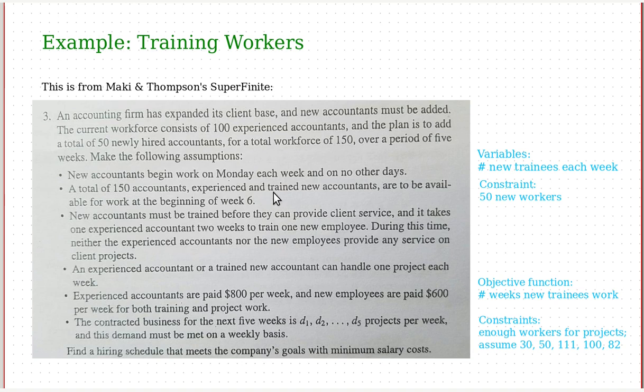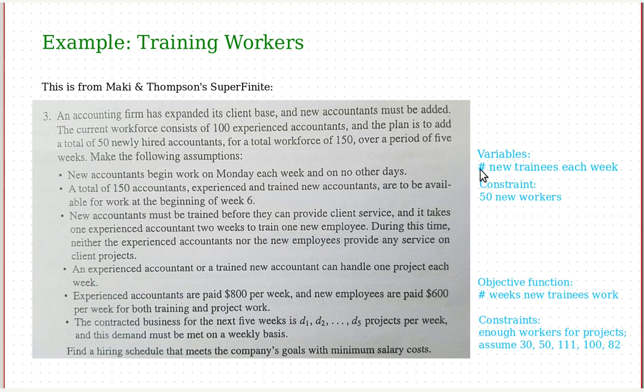So actually, if you think about it, that means they have to start working during the first 4 weeks, because somebody hired during the 4th week is going to require 2 weeks of training. That means they won't actually be ready until week 6. If you hire somebody during week 5, they will not be ready week 6. They won't be ready till week 7. So really, you only have 4 opportunities to hire new accountants, right?